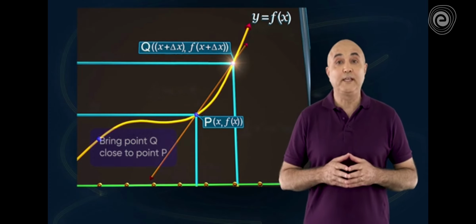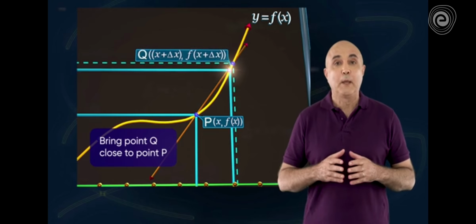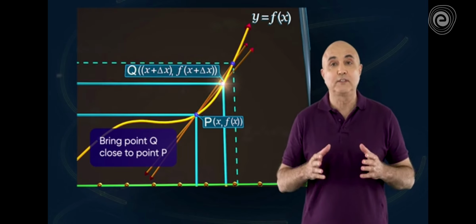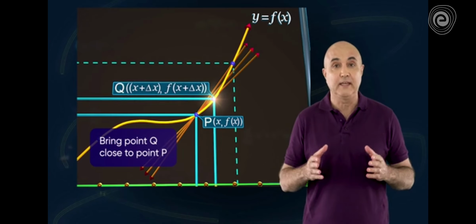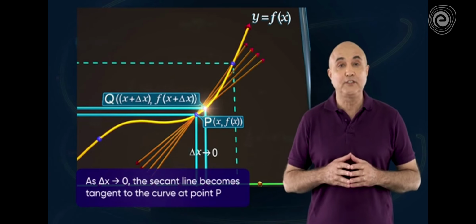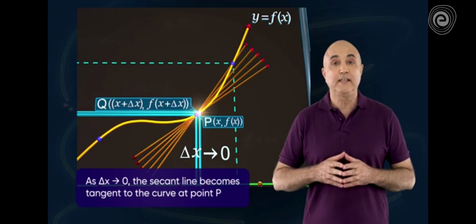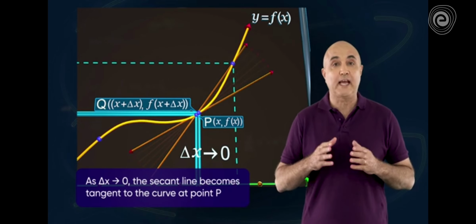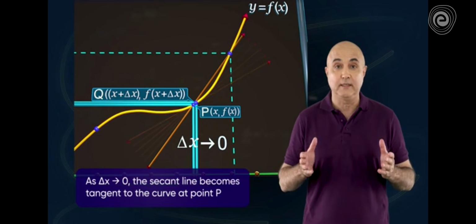We observe that as we keep decreasing delta x, point Q keeps getting closer and closer to point P. And when delta x is sufficiently close to 0, secant line PQ becomes tangent to the curve at point P.